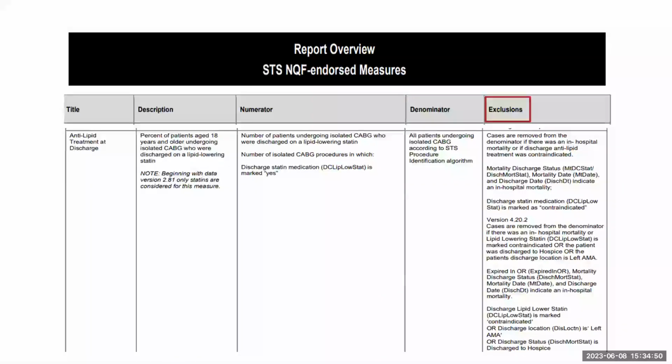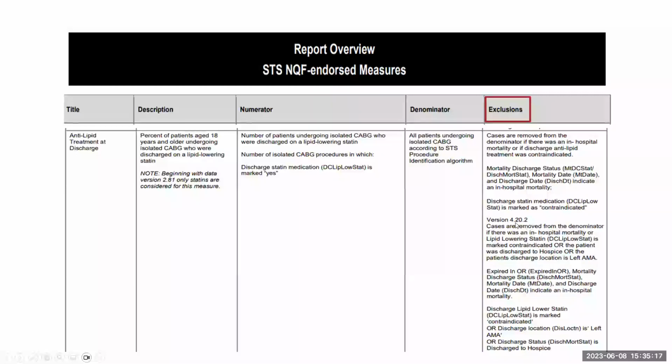The great thing about this that I like is it gives you the title. Here's my measure or metric, whatever you want to call it. Here's my description. That's who's in it. Here's my numerator. Here's my exclusions. I love the exclusions because you can tell exactly what is excluded.